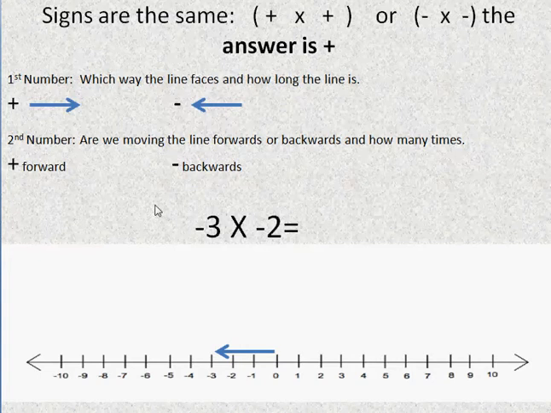I need to move that line backwards 2 places. So starting from 0, I move it backwards once, and I move it backwards twice. I'm going to make that line a little longer. Boom. See, I moved it back, it was moving backwards each time. And look, it stopped on the positive 6.